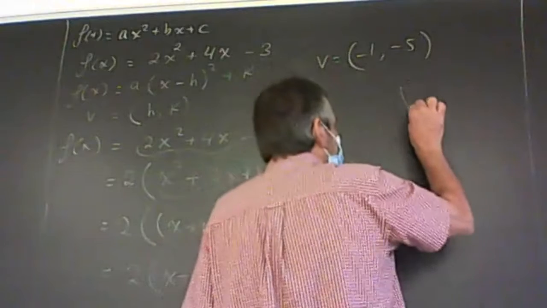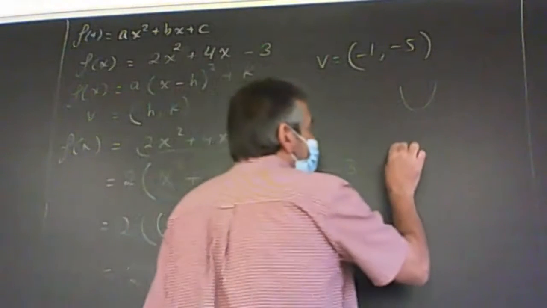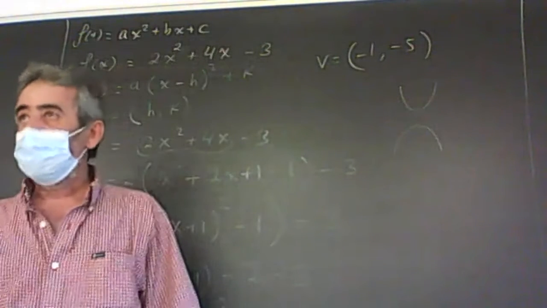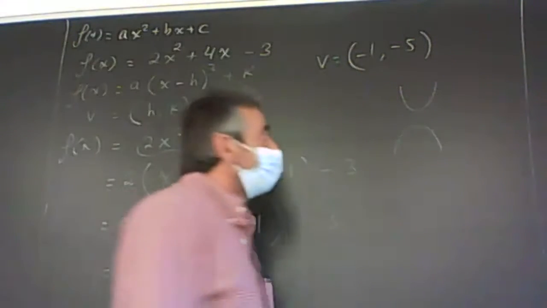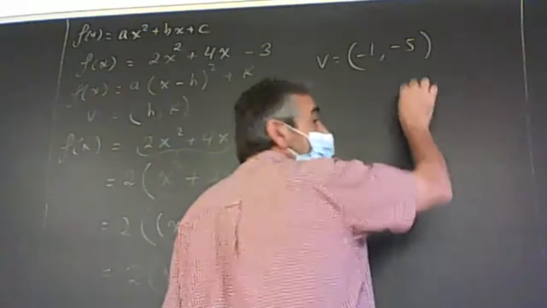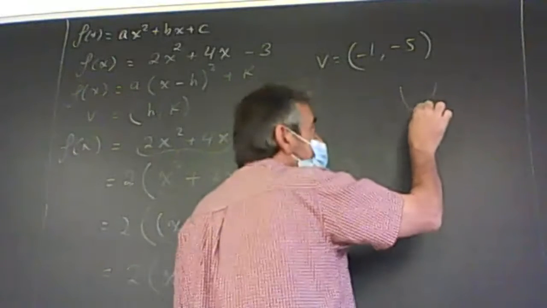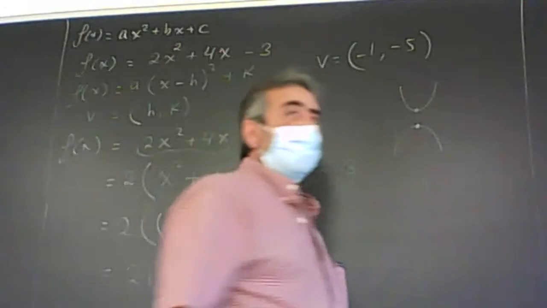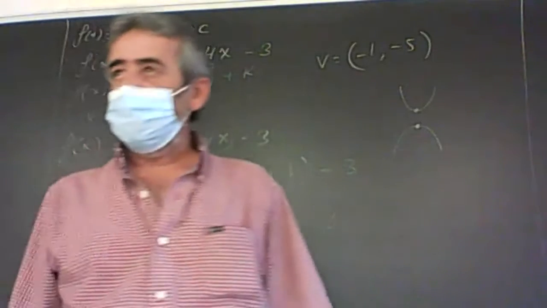One opens upward like that, and one opens downward like that. Clear? The vertex of the parabola is either this point, where it's the lowest point, which means this would be the minimum, or this one, which is the highest point, or the maximum.